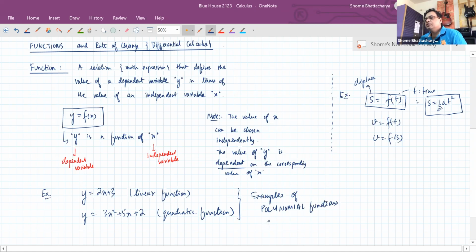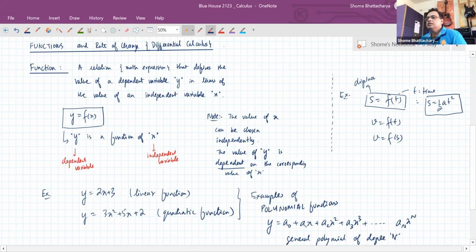The general expression for a polynomial function is a power series: some constant plus some constant into x plus some other constant into x square plus some other constant into x cube, and it can go up to any power. So this is the general polynomial of, we say, degree n.